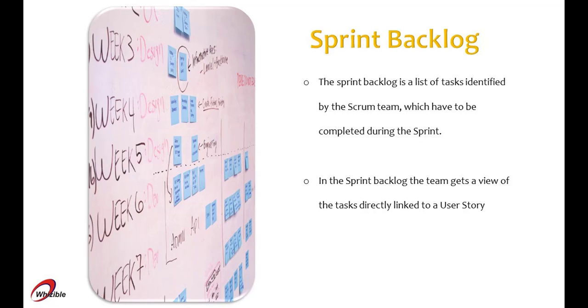The sprint backlog is a list of tasks identified by the Scrum team, which have to be completed during the sprint. In the sprint backlog view, the team gets a visual of the tasks directly linked to a particular user story, and vice versa.